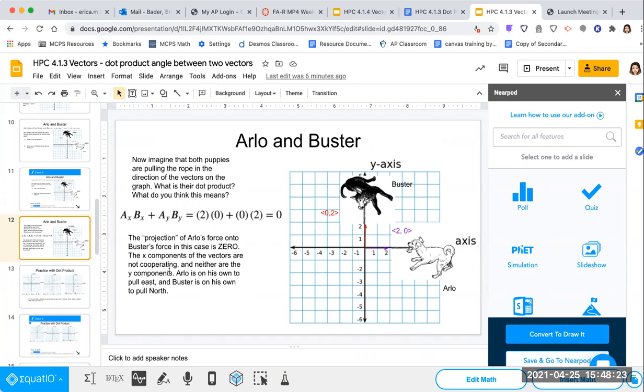The x components are not cooperating. Arlo is totally on his own to pull east, right? And the y components aren't really cooperating. Buster is on his own to pull north. So they're not interacting with each other. These vectors are perpendicular. Buster is totally responsible for the y direction. Arlo is totally responsible for the x direction. They're not interacting.